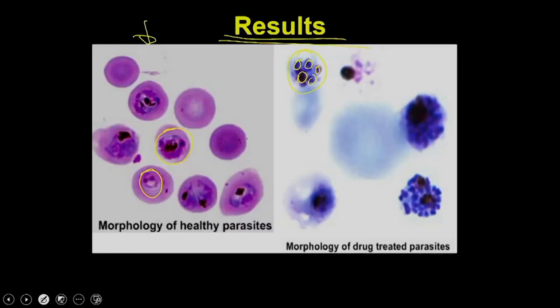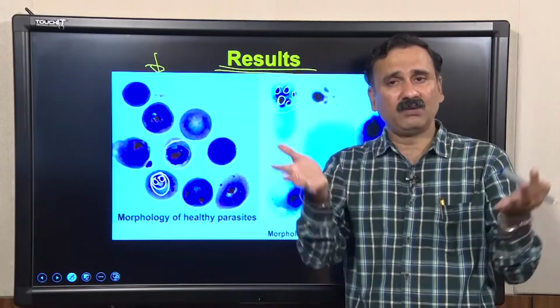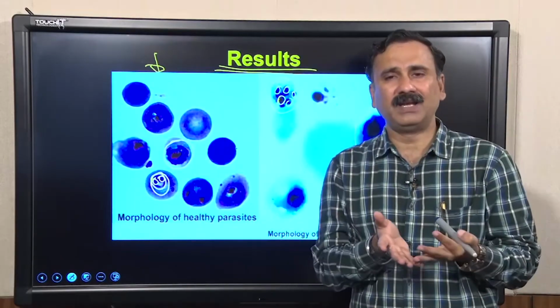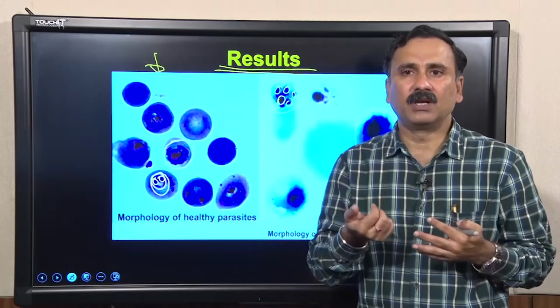For example, in this case you see that it has a very discrete cell, and it has two nuclei, and it is very clean and clear, but in this case all these cells are fragmented. These are the appearances you will see when the parasite is dead, because it does not have the nuclear membrane, and the cytosol is also not very clear. That is how you can tell whether the assay is working or not.